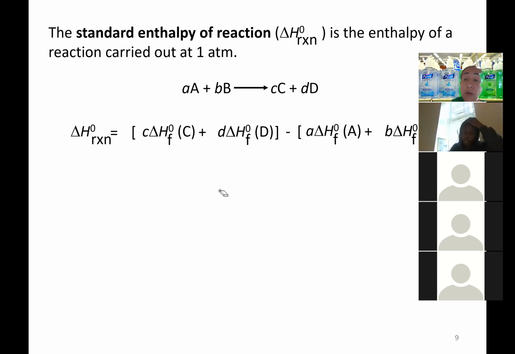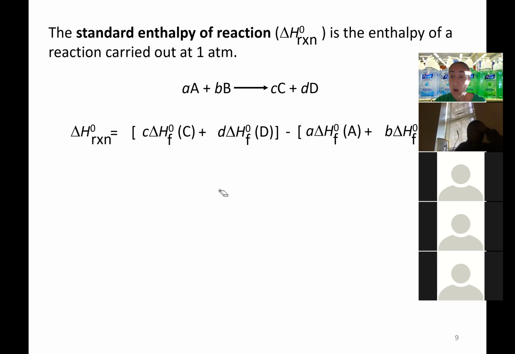The point is I want to figure out how much heat, and don't get freaked out by this equation, but all I want to do is figure out how much heat this reaction takes in or gives off. That's all I want, okay? So what it's telling you, this is the slide for Hess's law. Remember that I said that enthalpy is a state function.